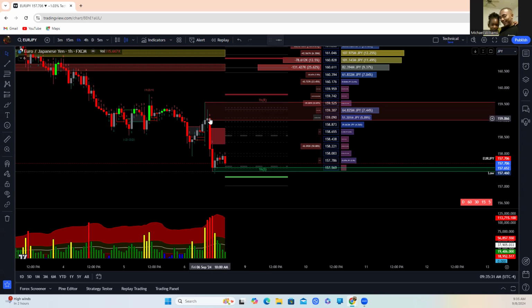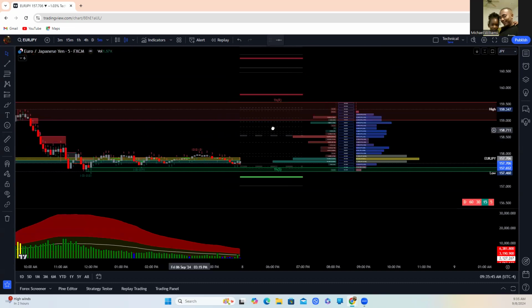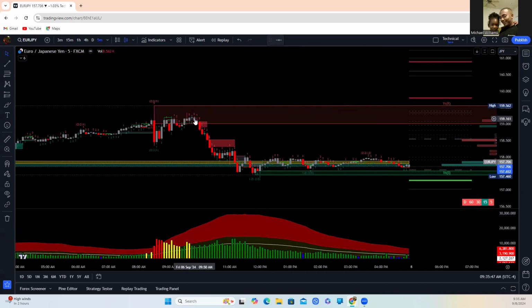Again, we're using Euro JPY here. So I see that we were still neutral at that 9 a.m. candle. So we look at the 10 a.m. We drop down to the 5-minute around that 10 a.m. hour. All right, so let's pinpoint it. We see this 9 o'clock candle starts to finish, and then we get full time frame continuity.